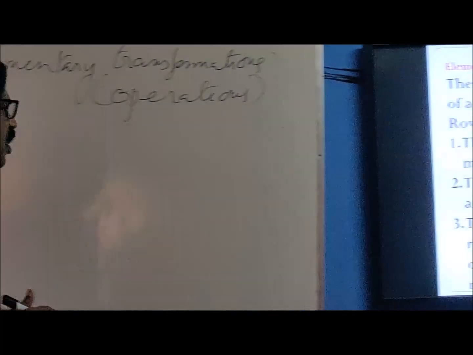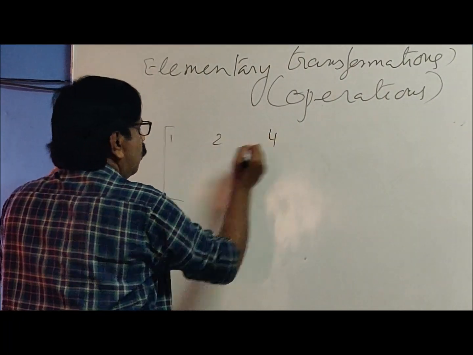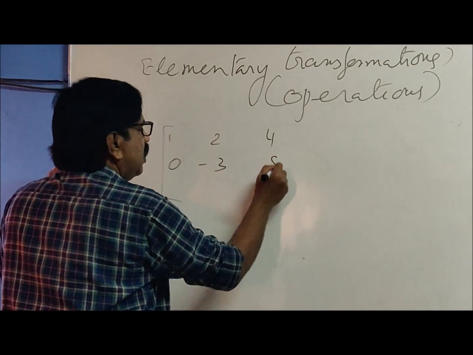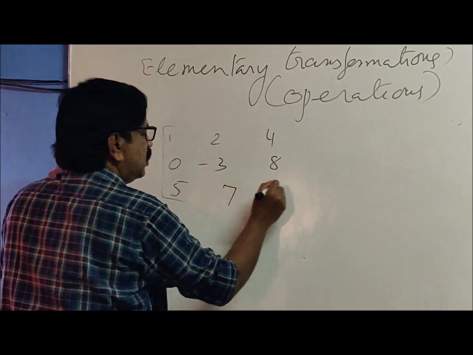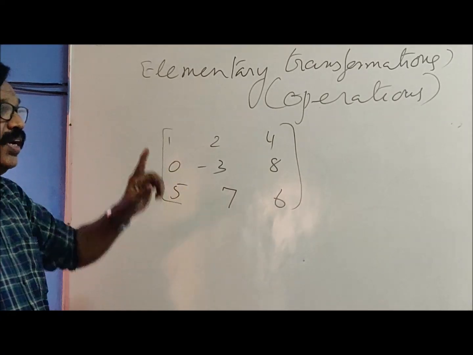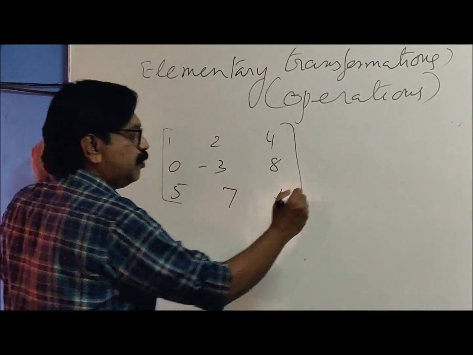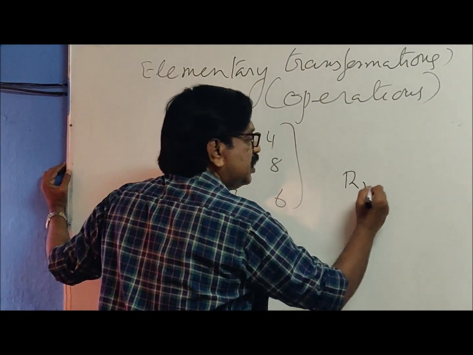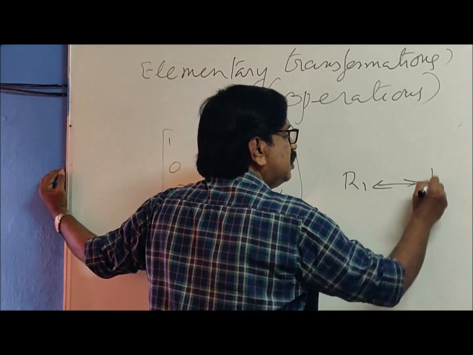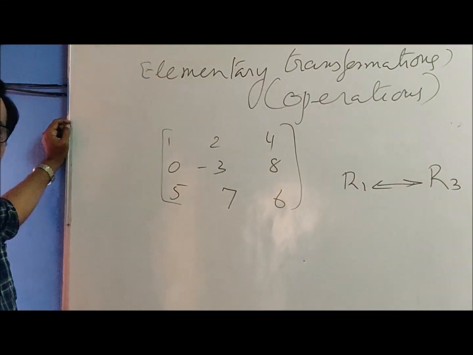You can see here, suppose this is a square matrix: 1, 2, 4; 0, minus 3, 8; 5, 7, 6. The first one is interchange of any 2 rows. If I interchange R1 with R3, the first and third rows are interchanged.